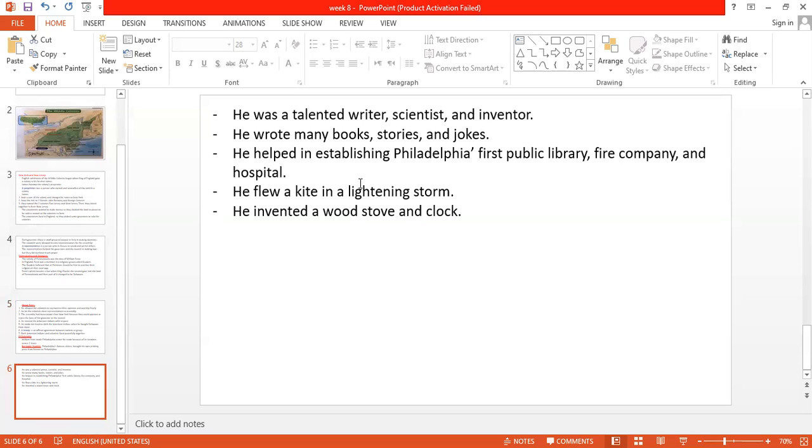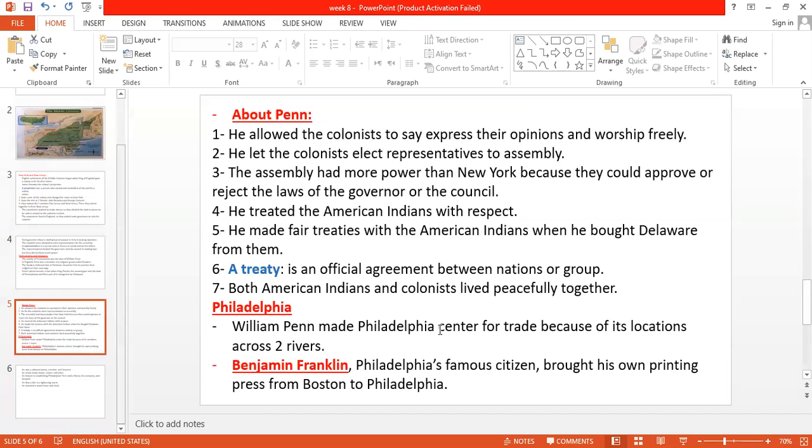Number two, he helped establish Philadelphia's first public library and fire company and also a hospital. He flew a kite in a lightning storm. He invented a wood stove and a clock. So all of these are the developments that Benjamin Franklin did in Philadelphia.